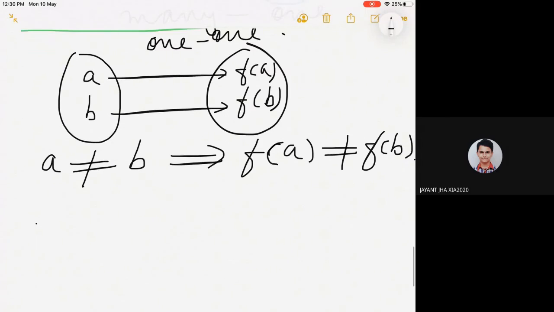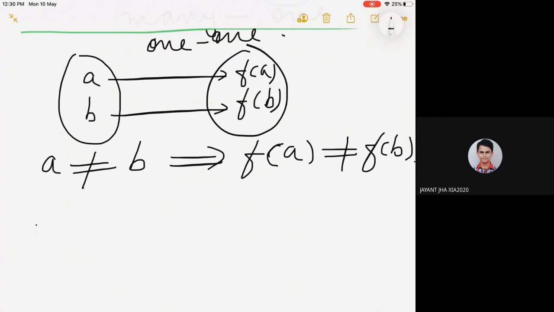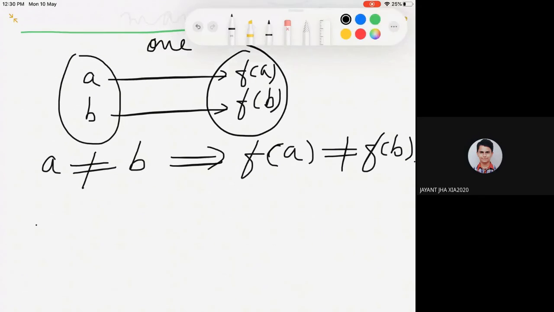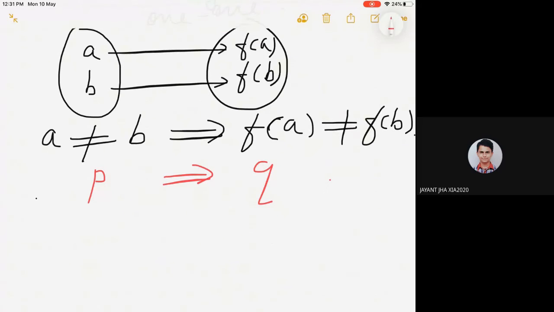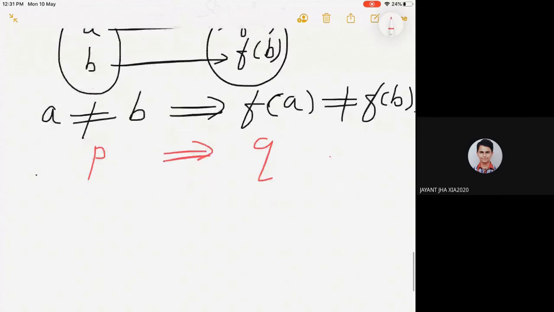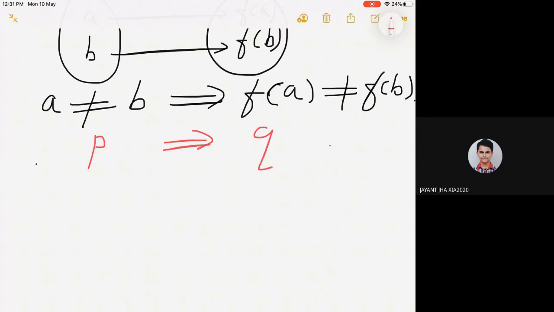Now, how to convert this same concept to equality? In logical reasoning, there is what is called a conditional statement. P implies Q. This type of statement is known as a conditional statement.